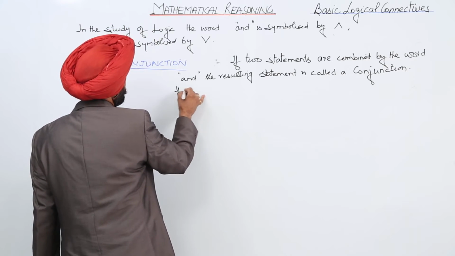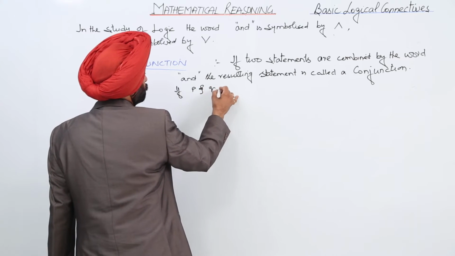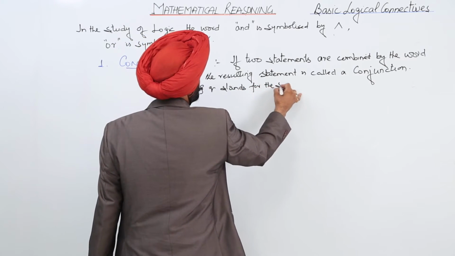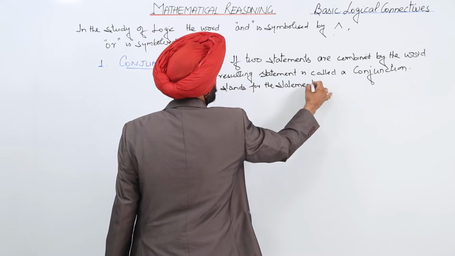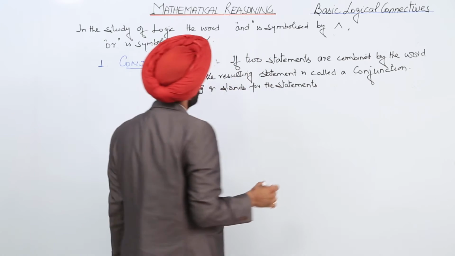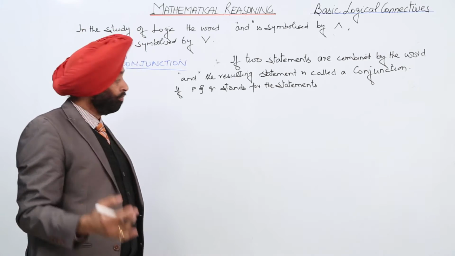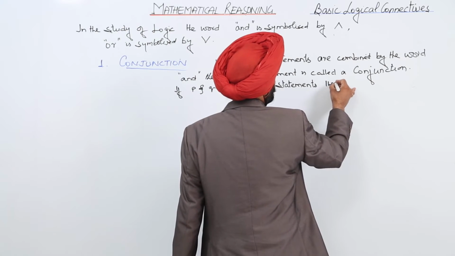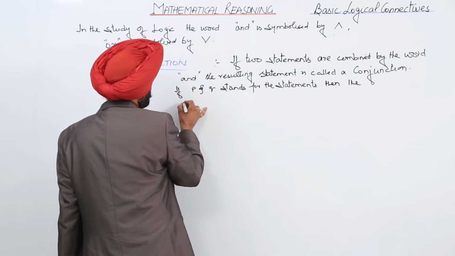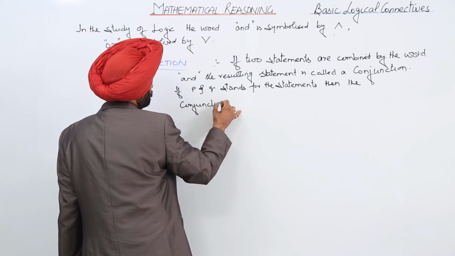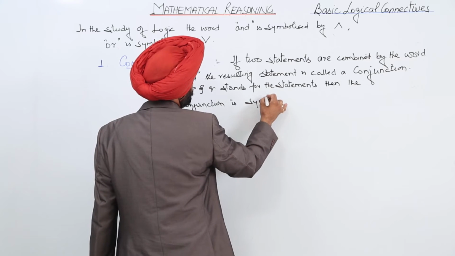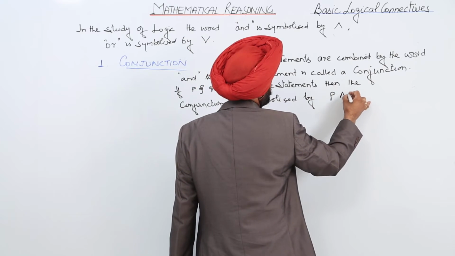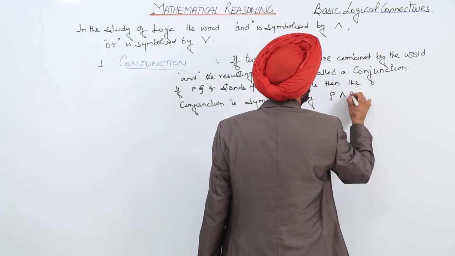Now if P and Q stand for the statements, meaning two different statements, or you can write it as if P and Q symbolize the statements, then the conjunction is symbolized by p ∧ q.